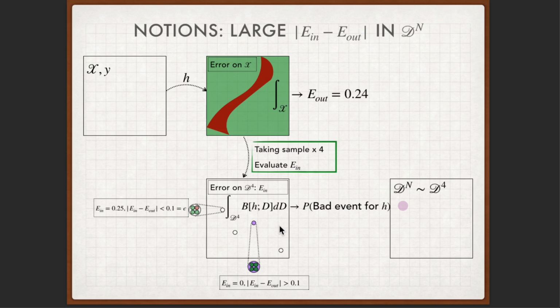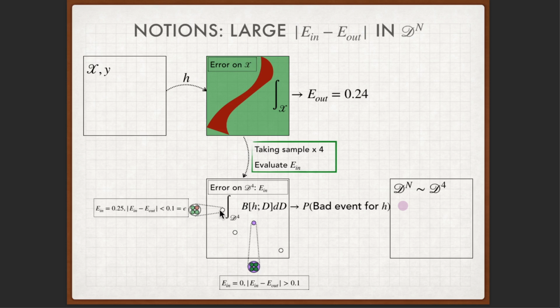and for this hypothesis, we then define some tolerance. Say we would like the in sample error and out of sample error to differ by less than 0.1.